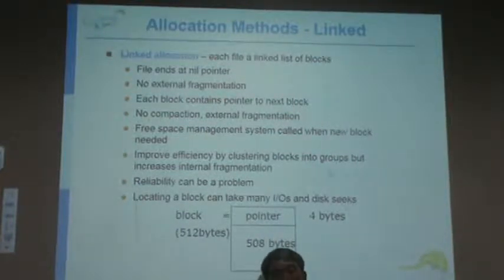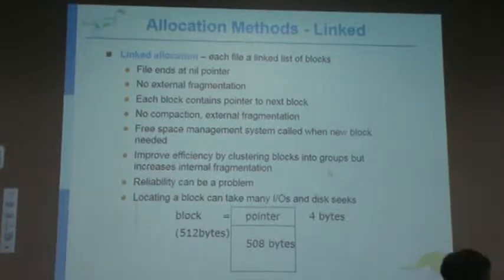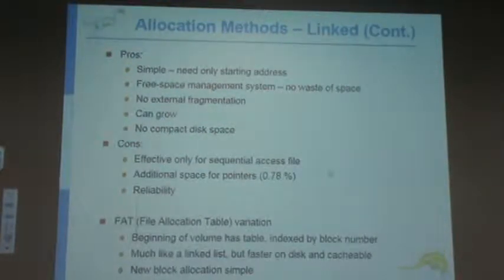At that time you may lose the rest of the data because you cannot find the next address. That is the reliability problem of the linked list. Basically, the FAT systems used in old Windows, FAT16 and FAT32, are based on the file allocation table.